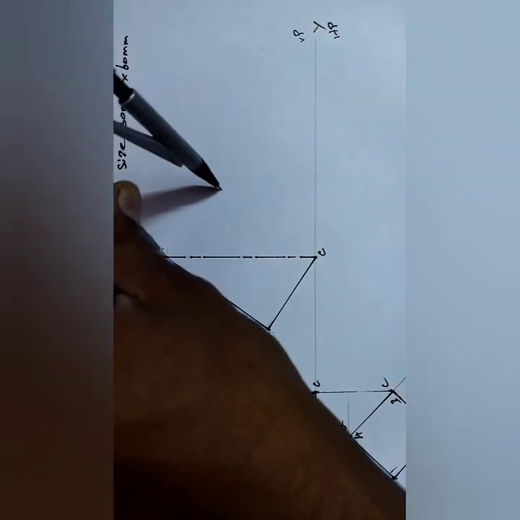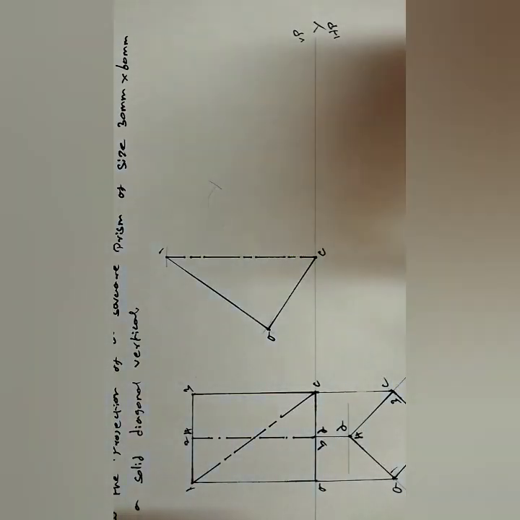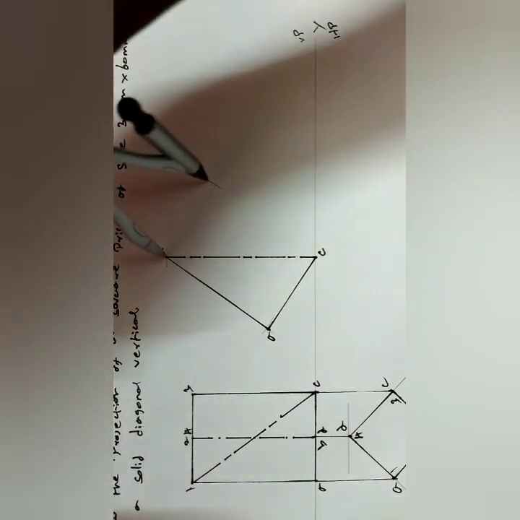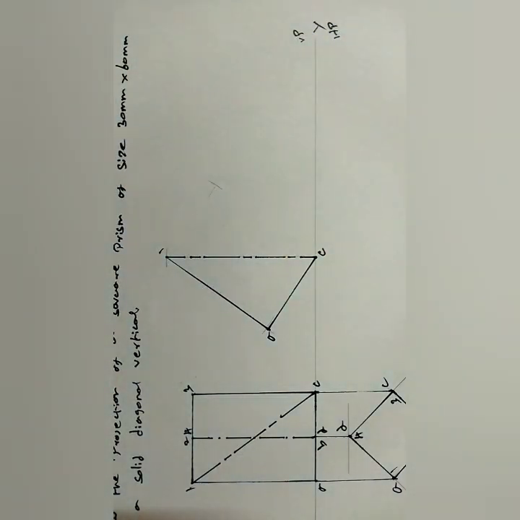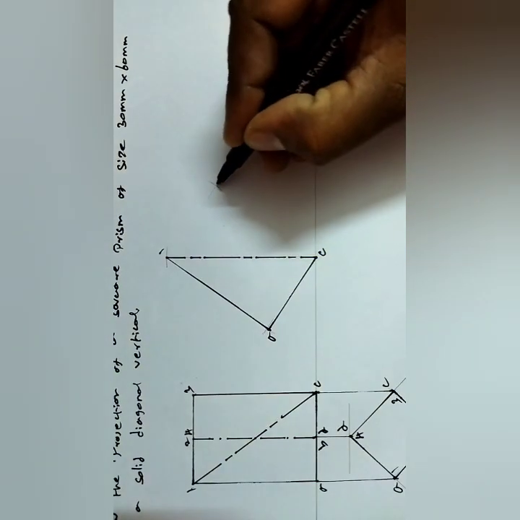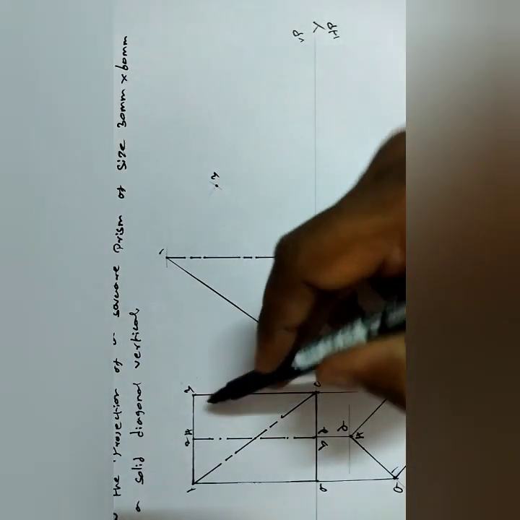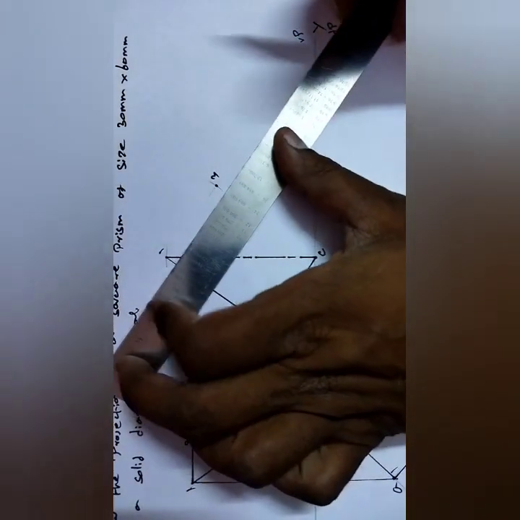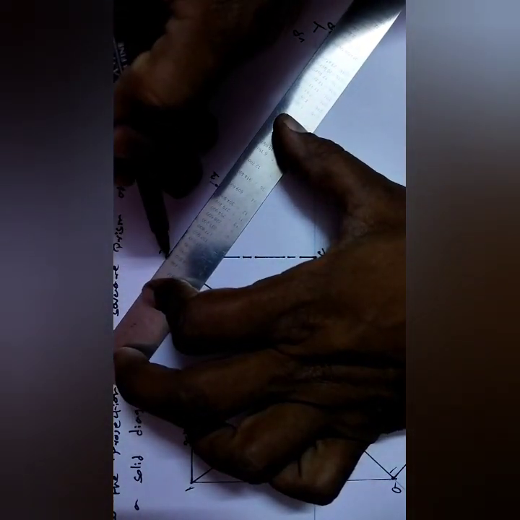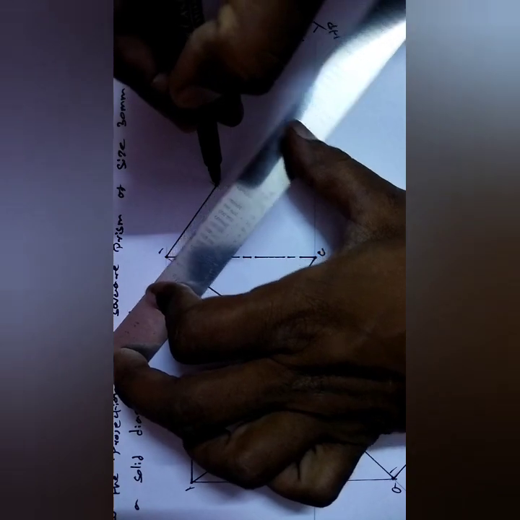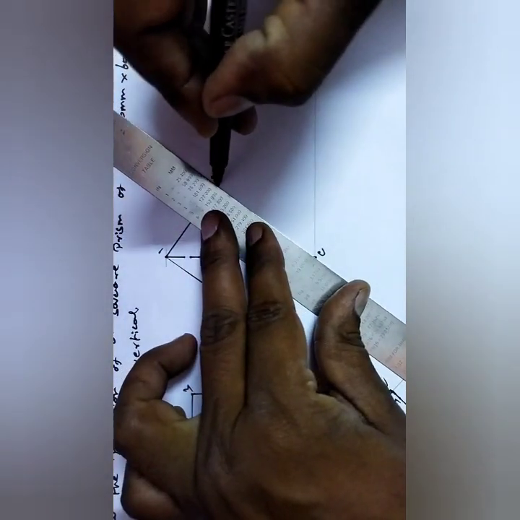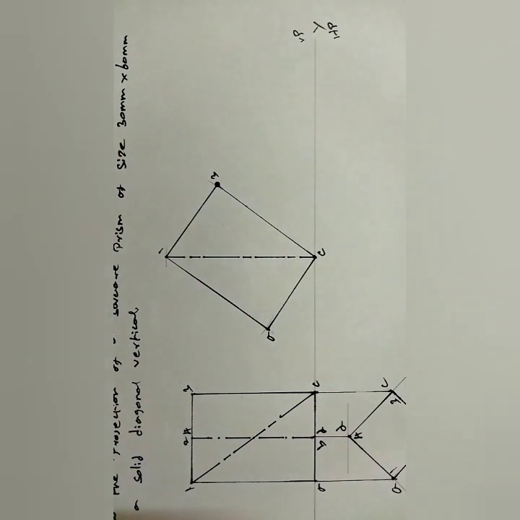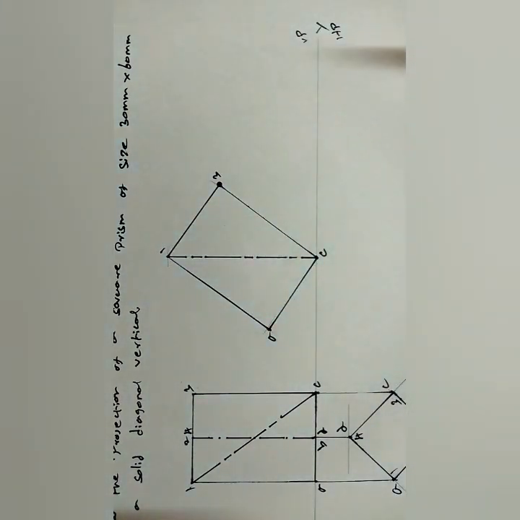This intersection point is the third point. Join these points: 1 to 3 and 3 to C. So this is the solid diagonal vertical.